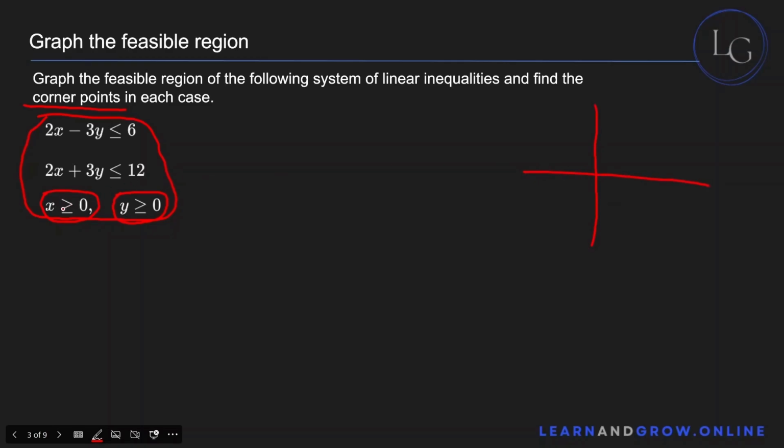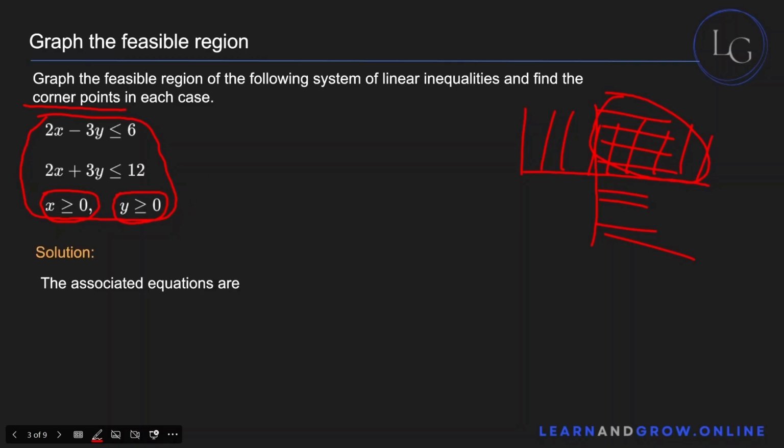As you know, x is greater than 0 is basically this entire region above the x-axis, and y is greater than 0 is this entire region that is on the right side of the y-axis. So this entire coinciding region is the first quadrant. So basically x is greater than or equal to 0 and y is greater than or equal to 0 is just another representation for the first quadrant. Okay, so don't be confused by it.